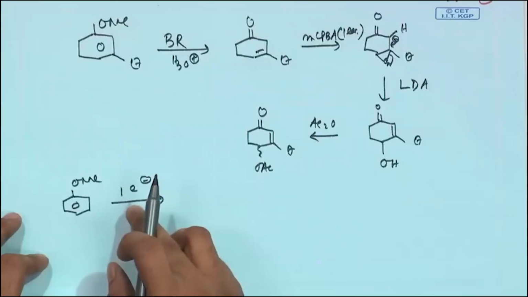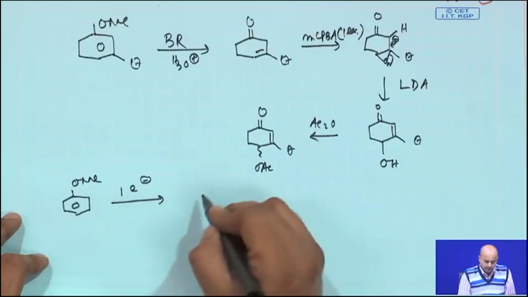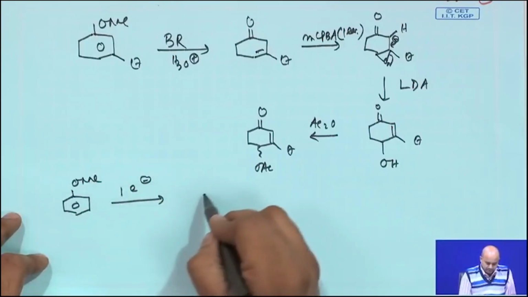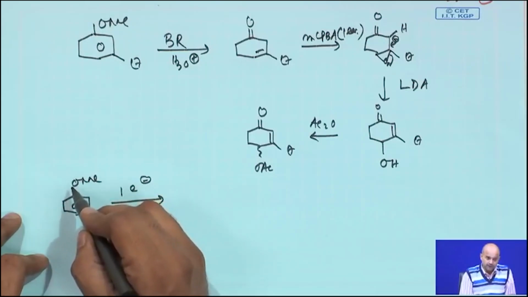Sodium, once you dissolve it in liquid ammonia, gives you a single electron. Now, this single electron attacks the aromatic hydrocarbon. Depending on this group, which is OMe: though OMe has electron withdrawing ability, it is also electron releasing, and its electron releasing capacity is much more than its inductive effect.